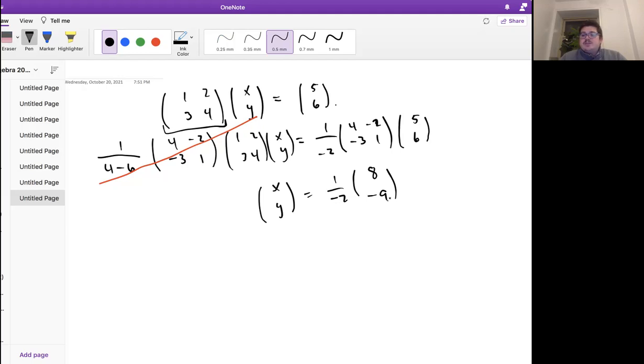If it has an inverse, it makes solving this very easy, where before we needed to do our system of linear equations. I'm doing the matrix multiplication. So this is 20 minus 12, which is 8.